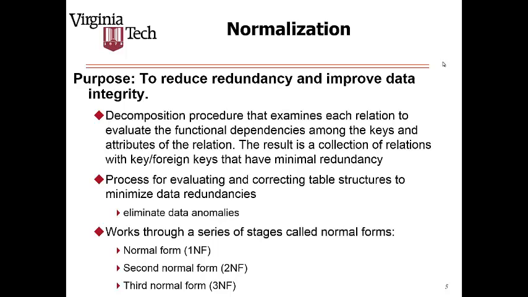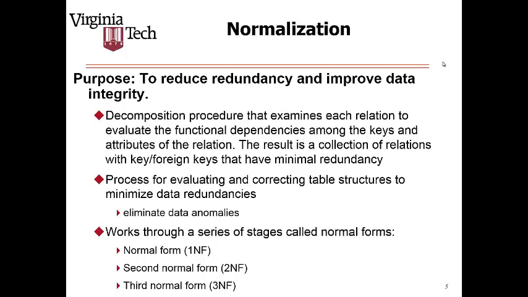The only functional dependencies we want in our system are where each non-key attribute is dependent only upon the entire key. That is our goal. By doing this, we will minimize all of our data redundancies and also remove all anomalies.